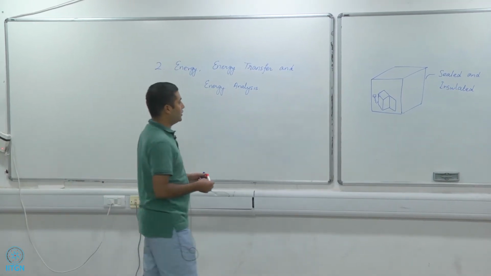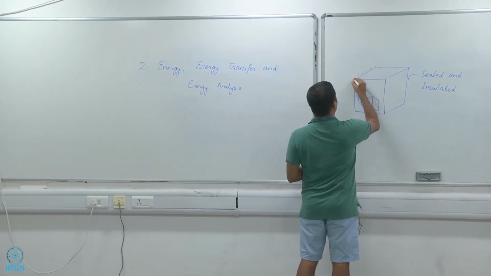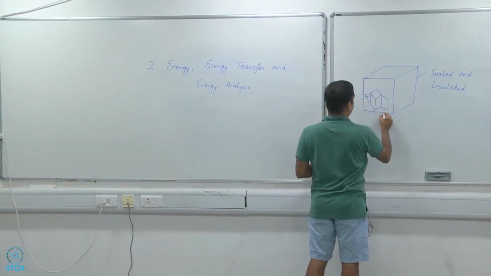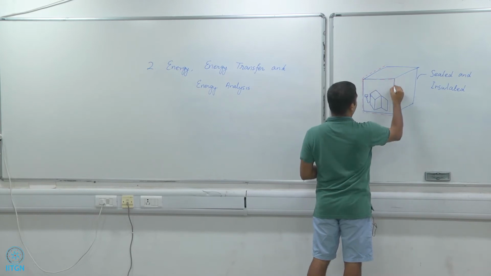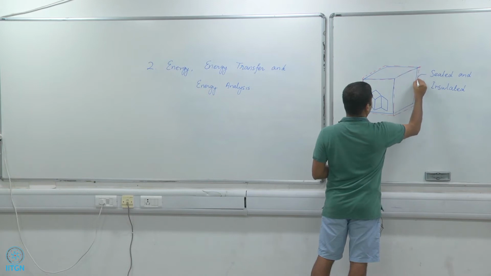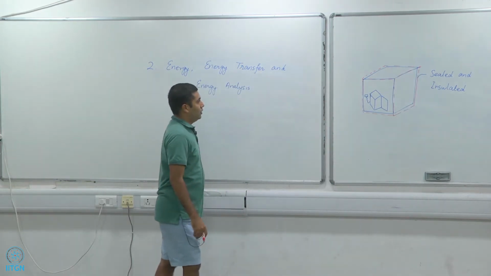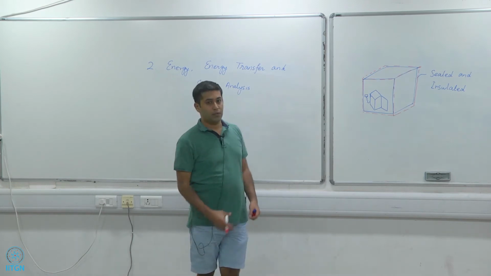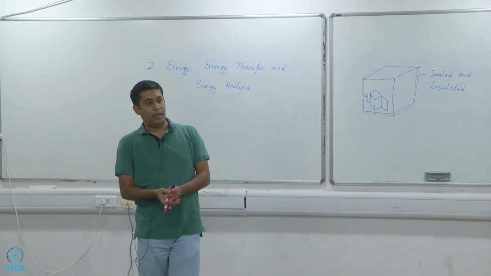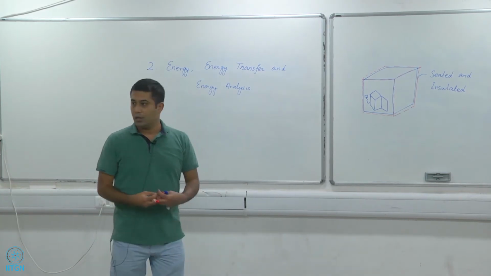So if, for example, I consider this entire room to be a system, then I know that the electricity which is powering the refrigerator is actually coming from outside.